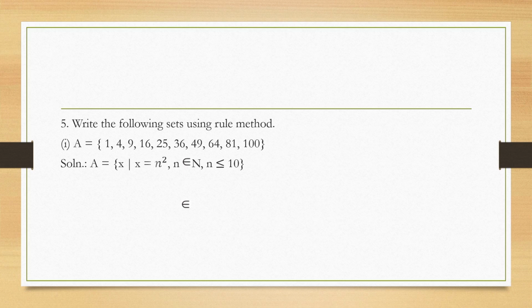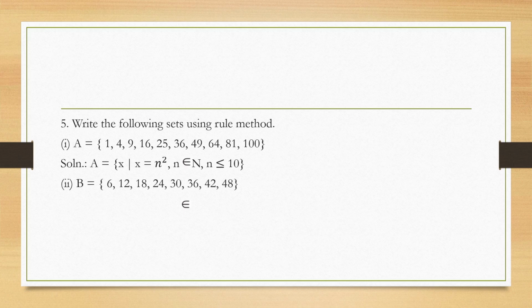A is equal to curly bracket open x such that x is equal to n square, means x is the square of a number n, where n belongs to the set of natural numbers and n is smaller than or equal to 10, means it is still 1 to 10.